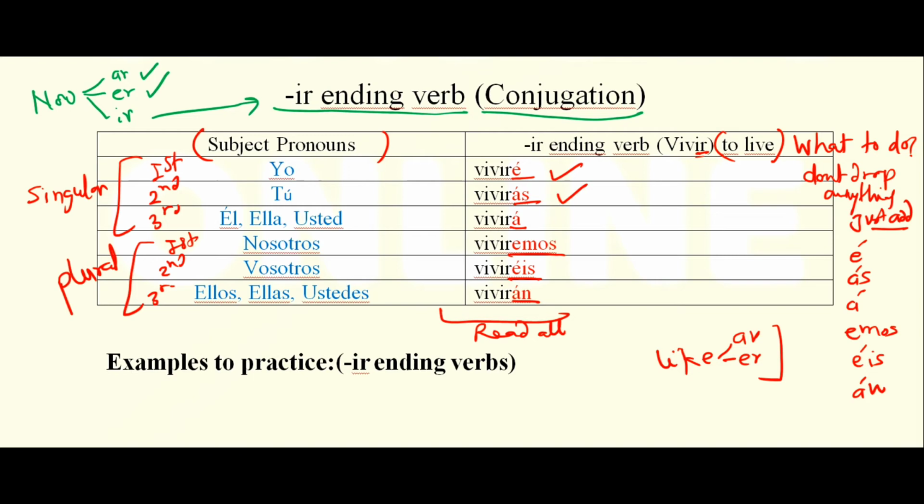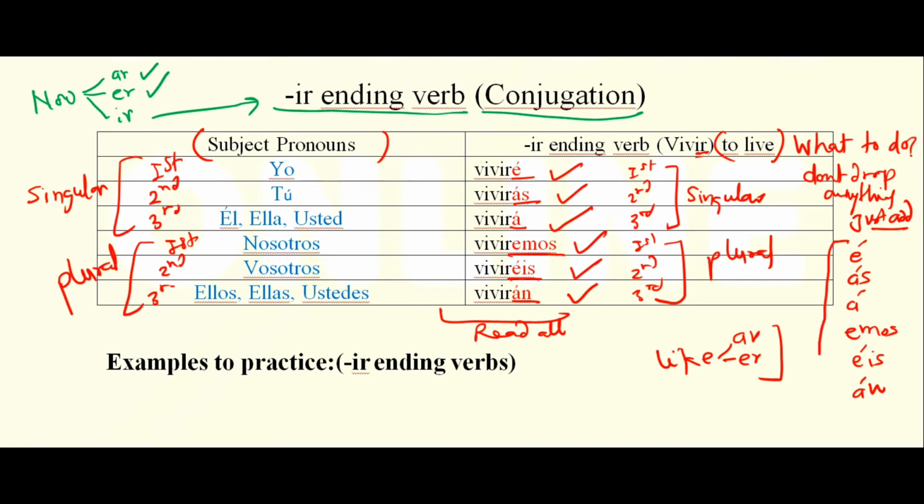Vivire, vivirás, vivirá, viviremos, viviréis, vivirán. Okay, first, second, and third person singular, and first, second, third person plural. Now, IR done.